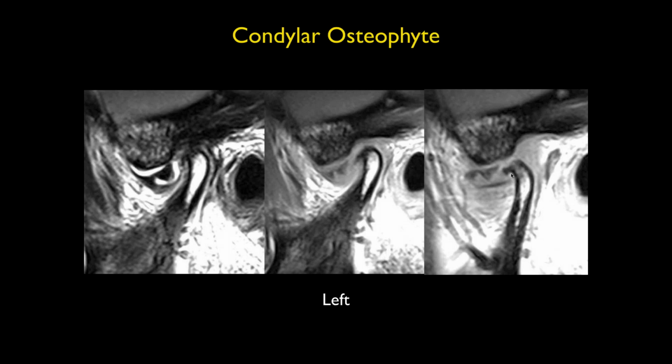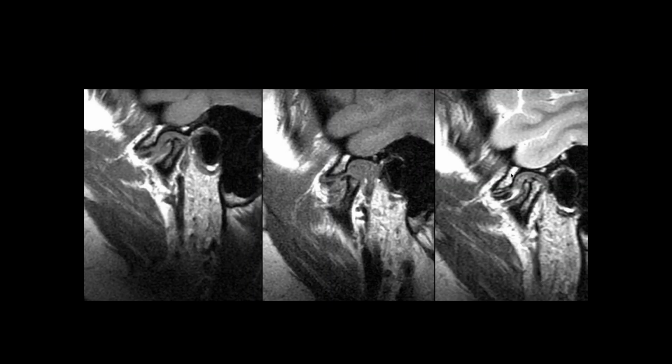Let me think here. Okay, closed view, sagittal, I think. So I see the disc anteriorly. Okay, so this is T1 closed, T1 open, and T2 closed.